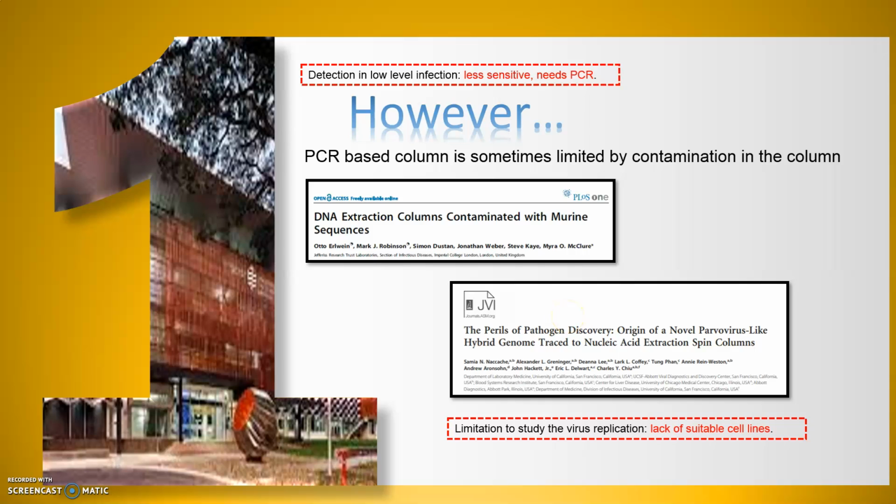The study of crustacean virus replication is limited by the lack of suitable cell lines. For many animals, cultured cell lines are considered indispensable tools for studying the molecular and cellular mechanisms of pathogenesis.